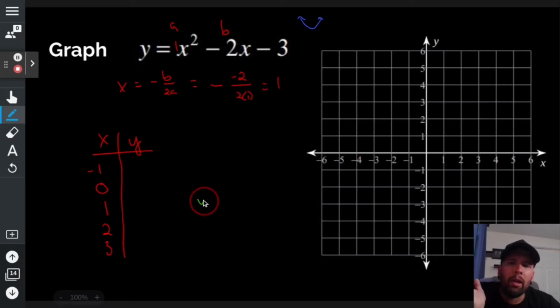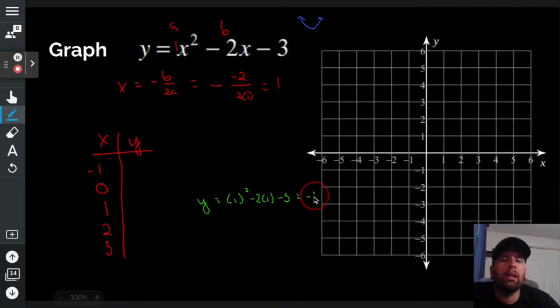All right, so if I'm plugging in 1, y is going to equal 1 squared minus 2 times 1 minus 3. 1 squared is 1. -2 times 1 is -2, so 1 minus 2 is -1, -1 minus 3 is -4, so the y value is -4, and that gets me the point (1, -4). Just making sure, just doing the math in my head. Plugging in 0 is going to be pretty easy. Everything would go away, and that's -3.